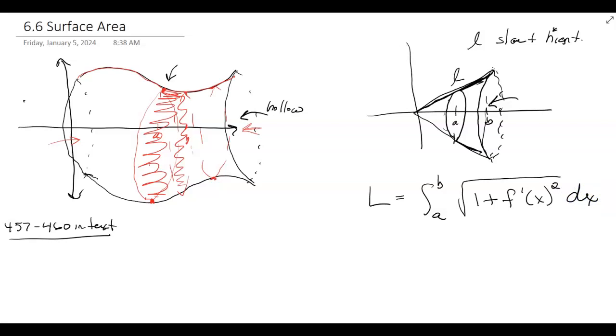But unlike what we did in the last section with arc length, we don't want just one simple line. We want to revolve it around, but we're not interested in anything on the inside. So when we did volume, we were interested in everything on the inside. So we used the idea of a slice, a disc, and we used the idea of area because area will give us everything that's inside, and we took all those infinitely many discs to get the volume, or shells.